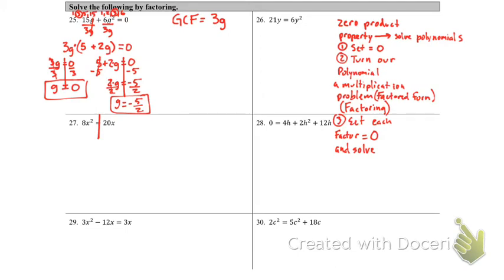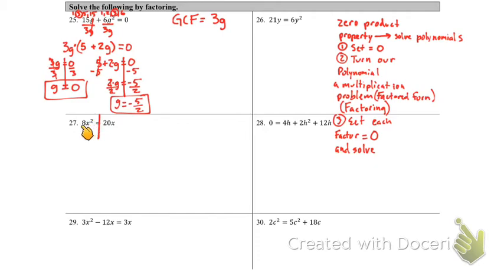So here we have to figure out who do we want to move. And here's the rule I want you to remember. In order to set it equal to 0, you want to keep the highest power term, so x squared, you want to keep him positive. Okay? So in this case, the higher power is x squared.